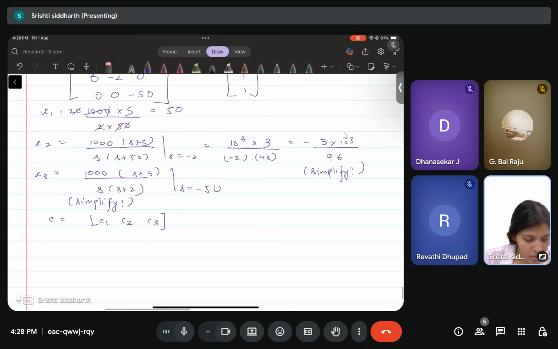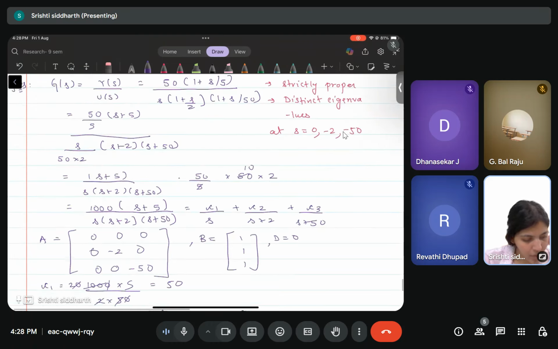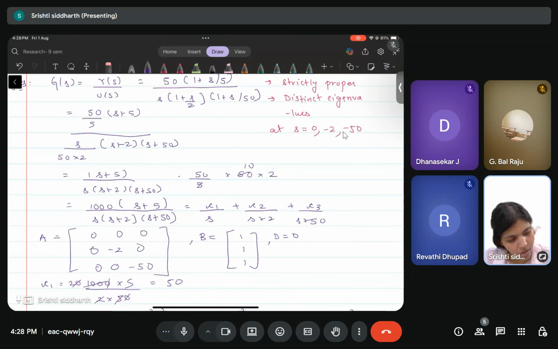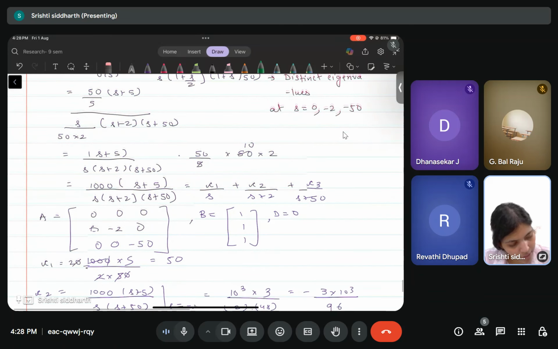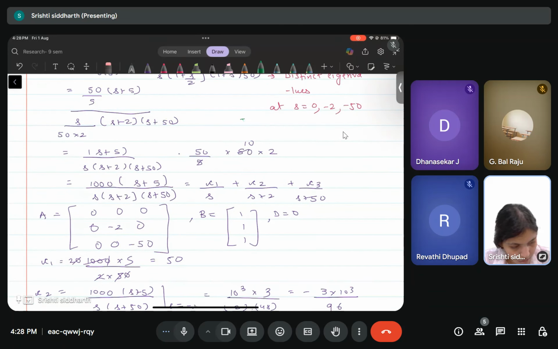Now you can also choose eigenvalues in a different order. If you choose eigenvalues in a different order, for example, let's say s equals -2, 0, -50, then the A vector would be -2, 0, -50. B would remain the same. D would remain the same.